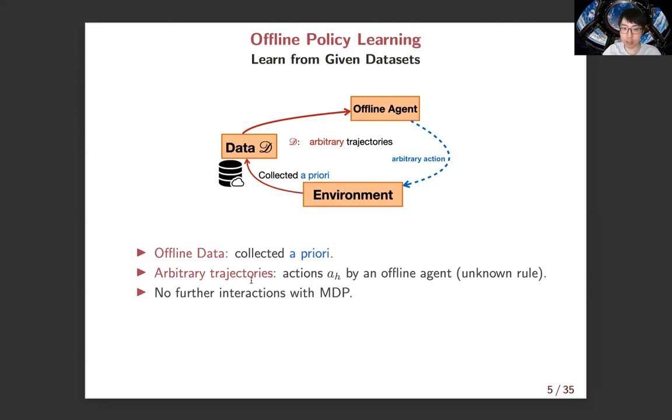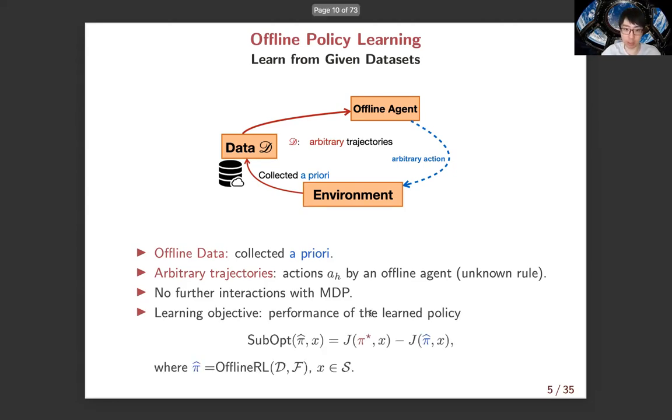This data set collected could be very arbitrary in the sense that, for example, there could be an experimenter that does a lot of trials, and we do not know the rules for those trials. So we cannot ensure the quality of this data set. And because we cannot interact more, we cannot correct for the bias, for example, in this data set.